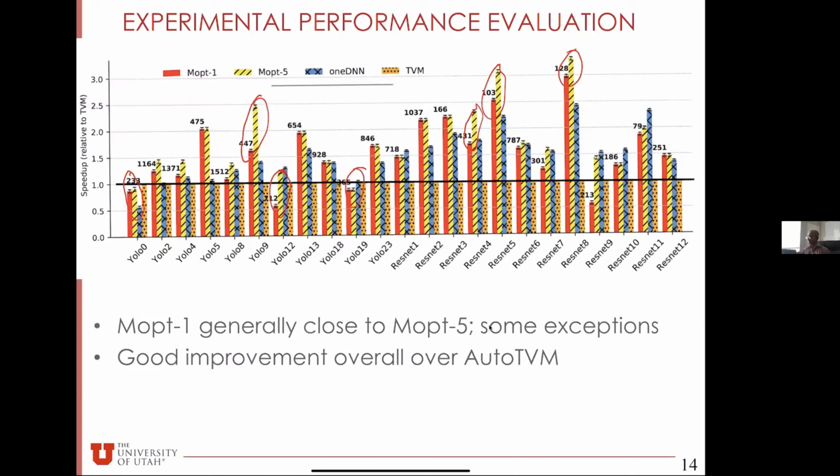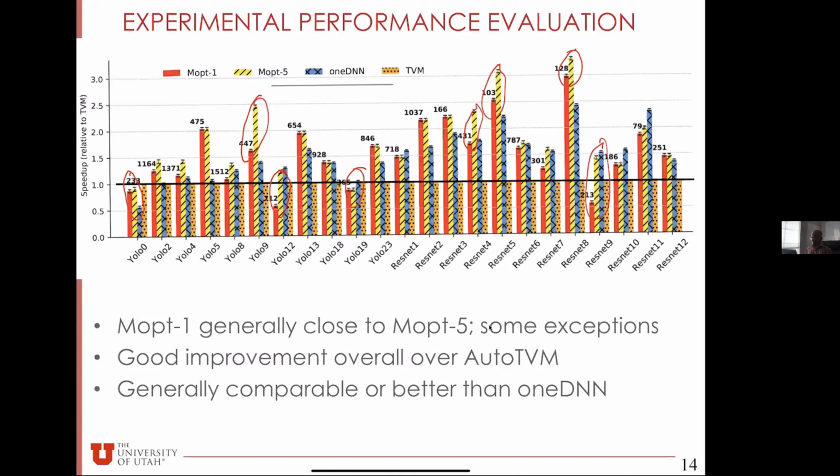There are some cases where at least mopt1 is underperforming. There are a couple of cases where even with mopt5 we are slightly worse than auto TVM, but in most of the cases it's basically above that 1.0 line. And with respect to oneDNN, I would say that the performance achieved through mopt is generally comparable or better than oneDNN.